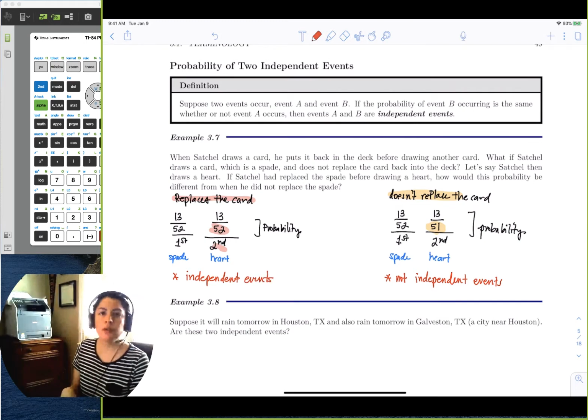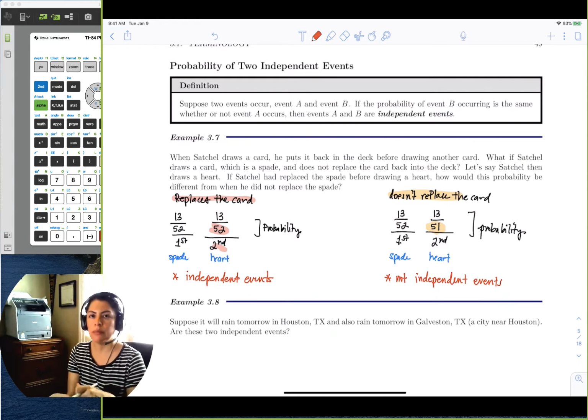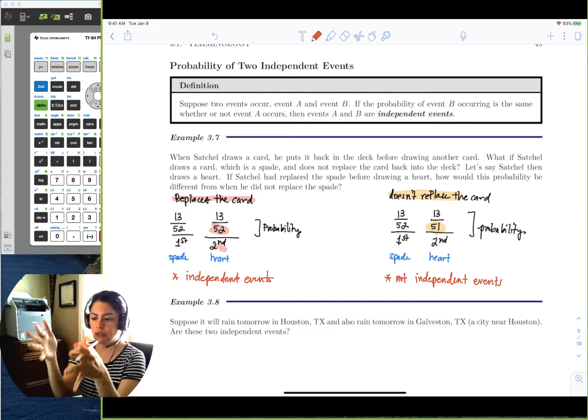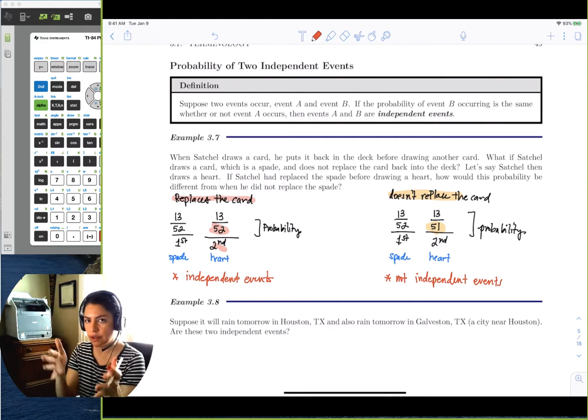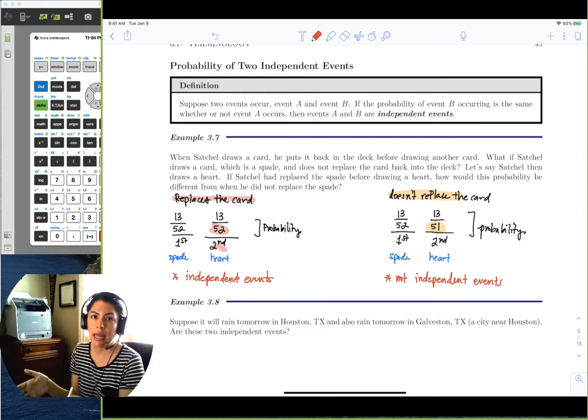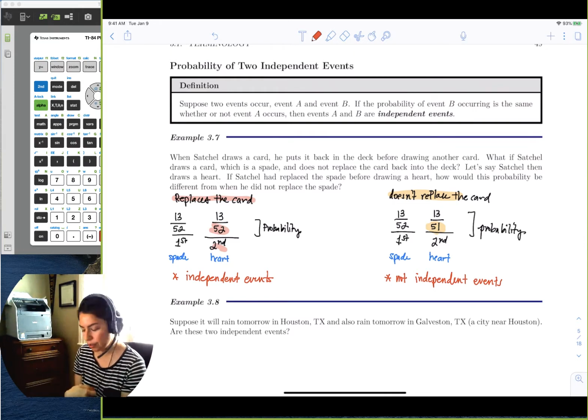So anytime there's a replacement, there's the same number of outcomes for each draw on the second or following probability, and every event is likely to occur. Not replacing the card means it's not independent, and the following probability will change, because not every event is equally likely to happen, especially as you're pulling out the cards.